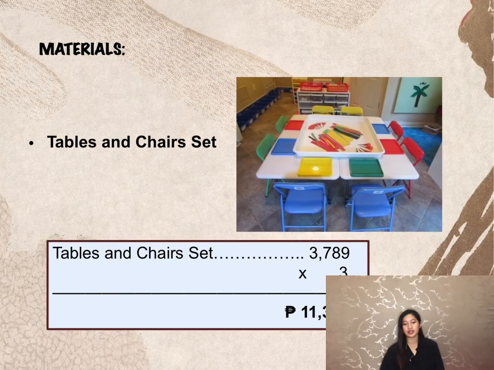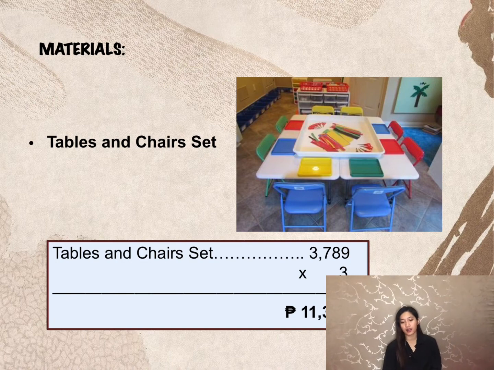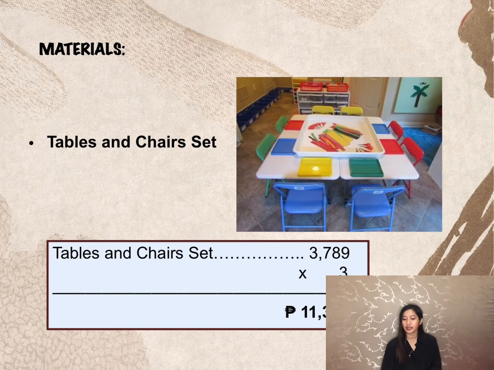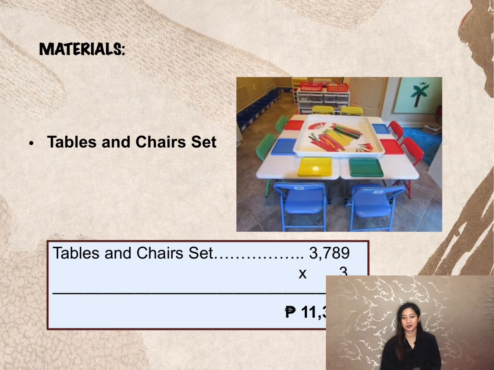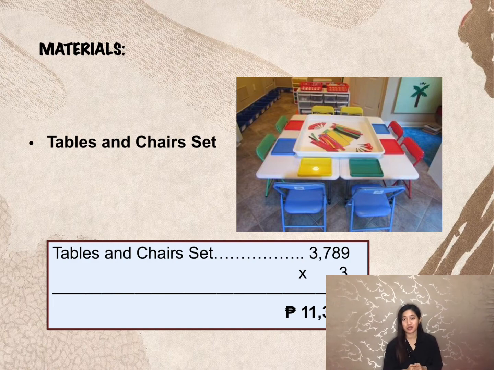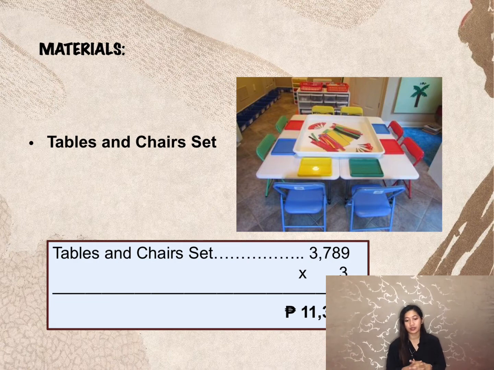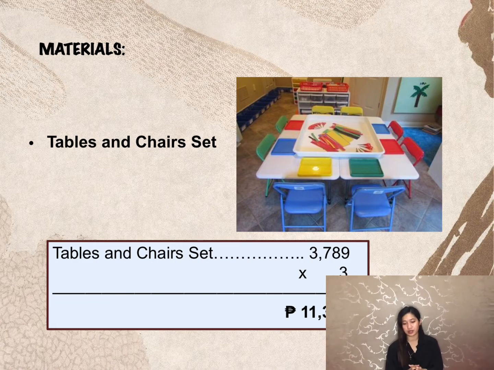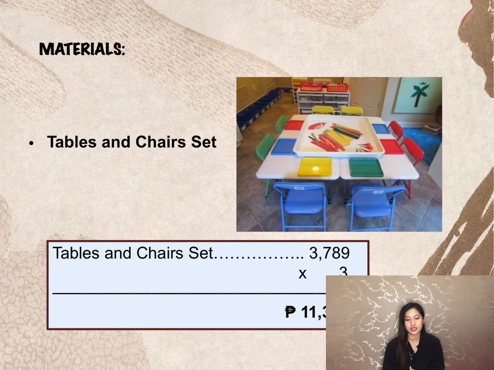So the materials that I'll be needing are the table and chair sets. The table and chair set costs 3,789 pesos. Then I want three sets. So 3,789 times 3 is equal to 11,367 pesos. So that's the cost of the three sets of tables and chairs.